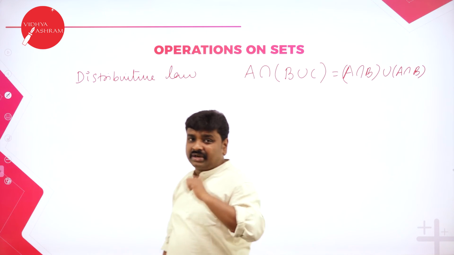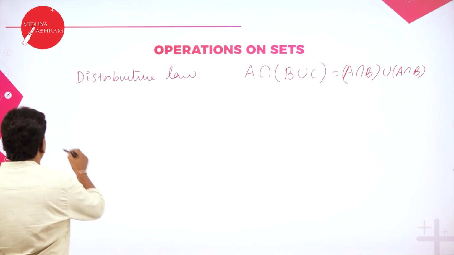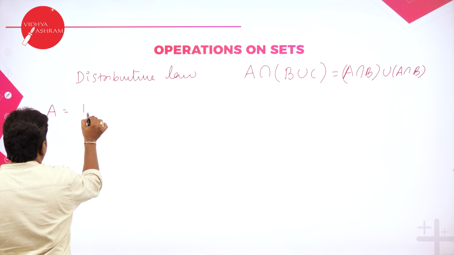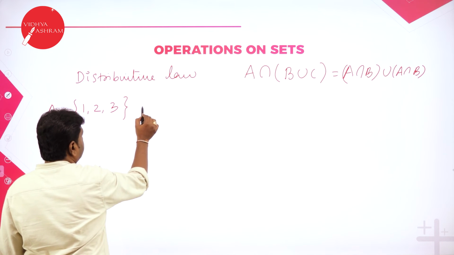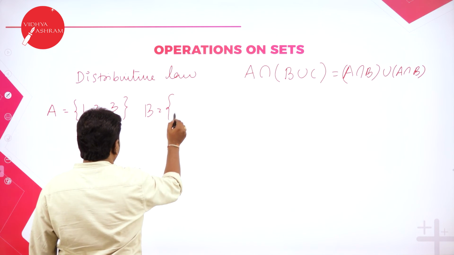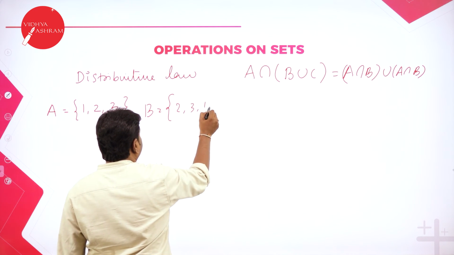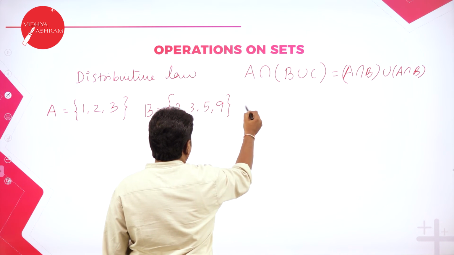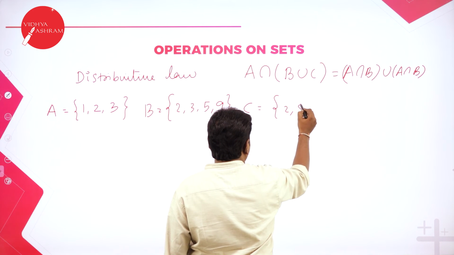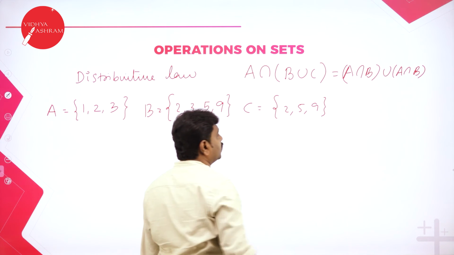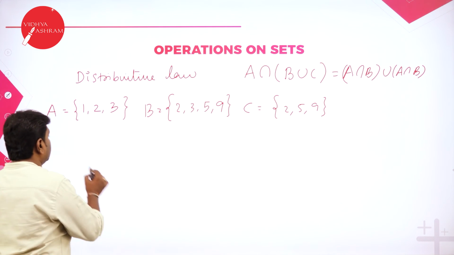Let us take 3 non-empty sets. A is equal to 1, 2, 3, B is 2, 3, 5, 9, and C is 2, 5, 9. Now we'll prove LHS and RHS.